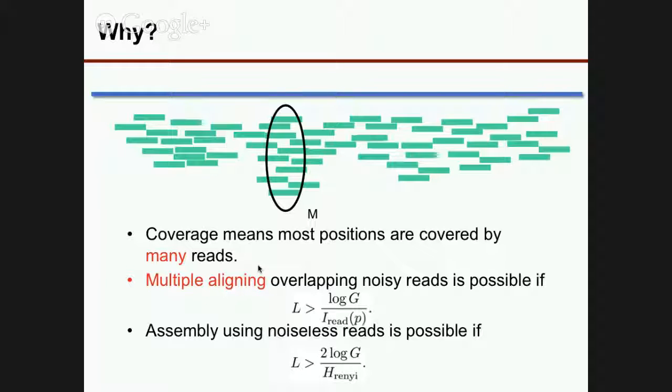And it turns out that if P is less than, say, 19%, then this number is bigger than this number, which means that if you could assemble, then you could also do multiple alignment. If P exceeds 19%, then this number becomes less than this number, which means that this approach doesn't work. In other words, this approach will affect the performance.